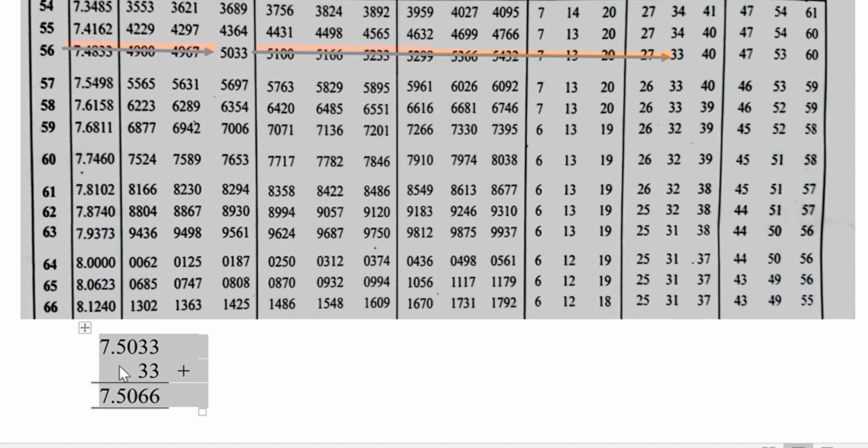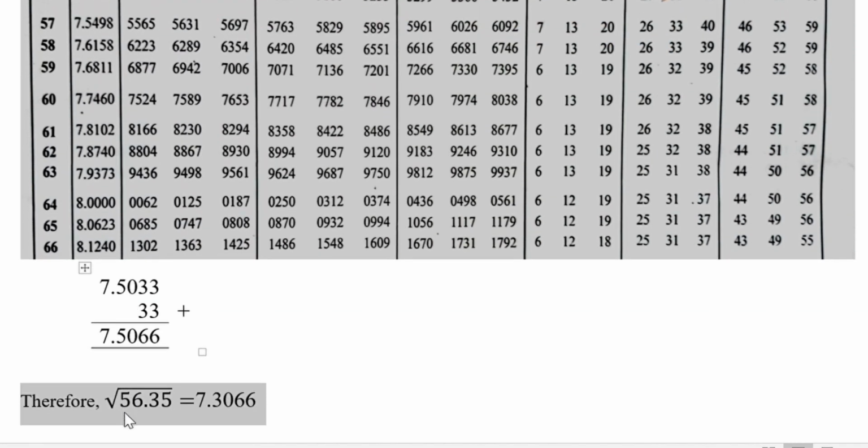This 33 is written at the extreme end, and that gives us 7.5066. That means that the square root of 56.35 is 7.5066.